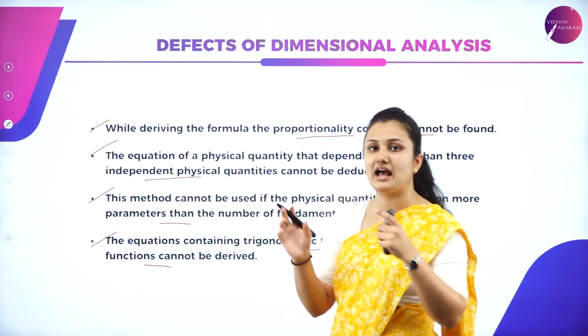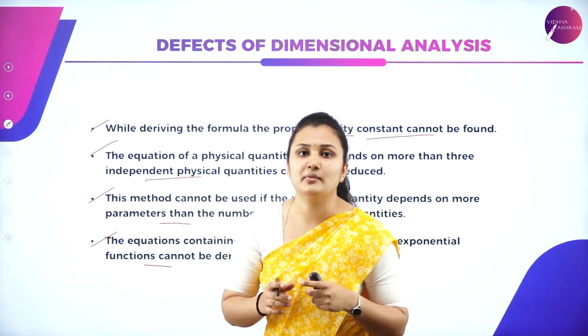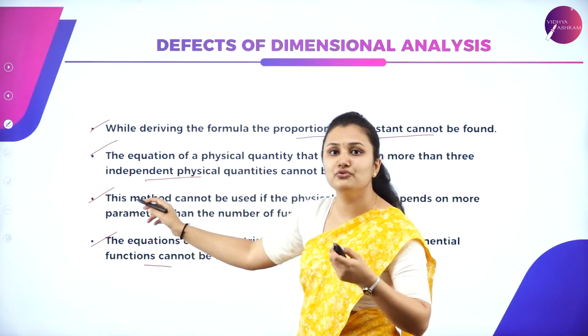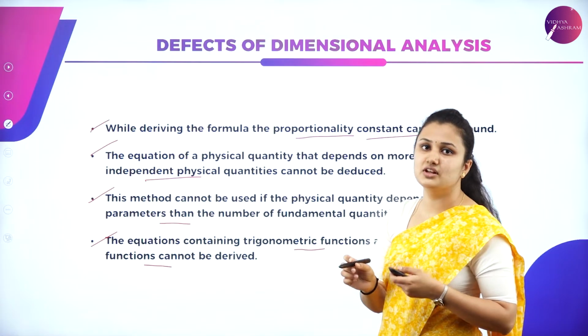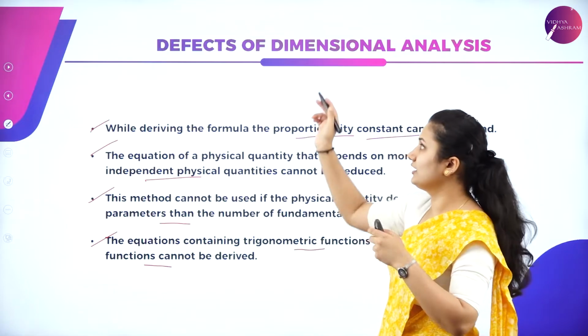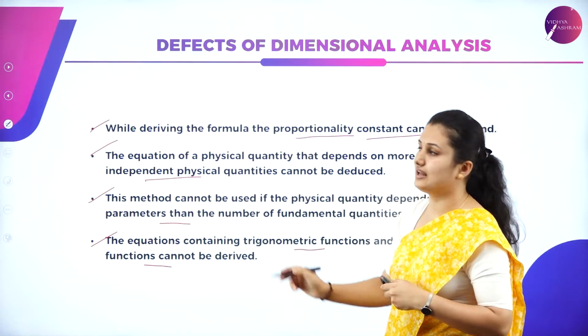If that equation has these functions, then using dimensional analysis you cannot derive them. So go through these four defects of dimensional analysis. You have seen what the uses of dimensional analysis are, and you have seen the defects of dimensional analysis.